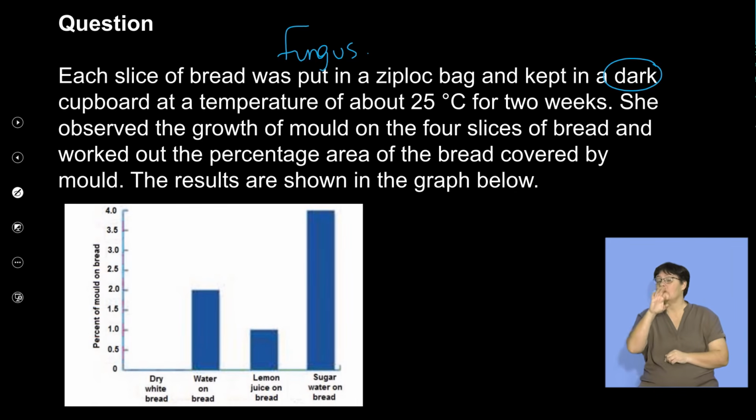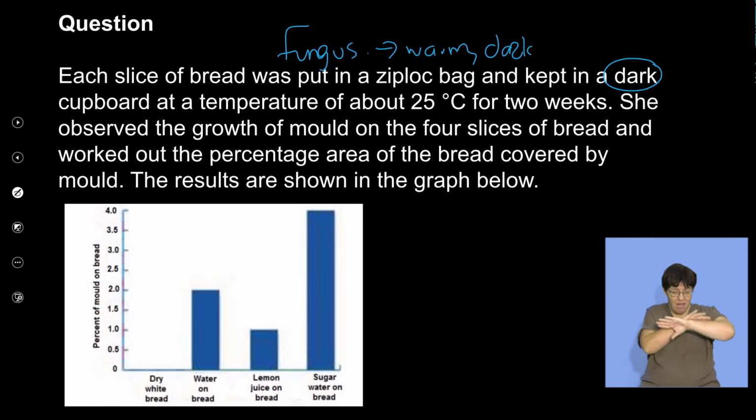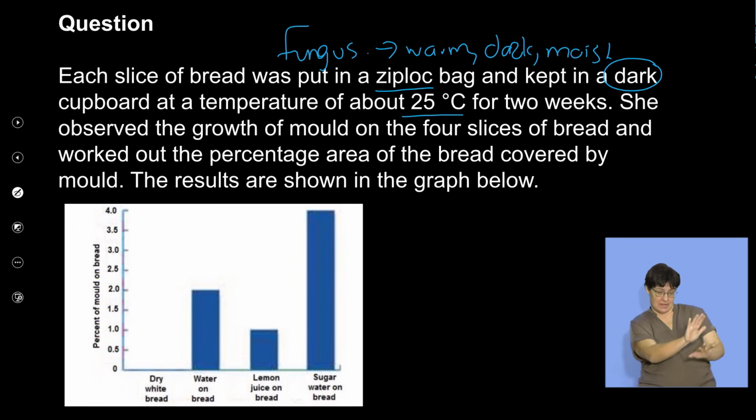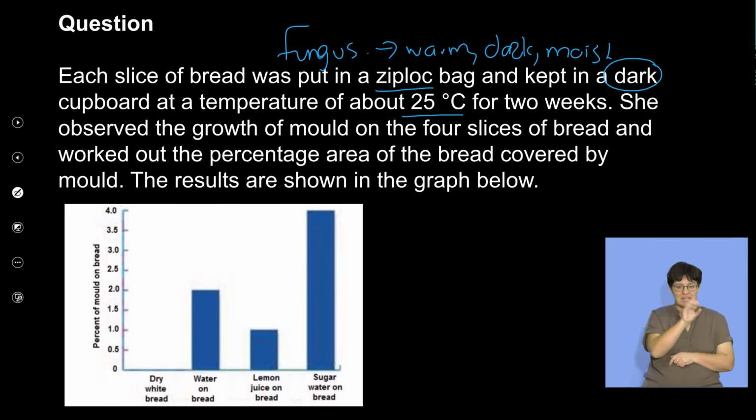What conditions do fungus grow best in? Warm and dark and moist. That's why she put it in the Ziploc bag to keep all the moisture in. And she left it at a temperature of 25 degrees for 2 weeks. She observed the growth of mold on the 4 slices of bread and worked out the percentage area of the bread covered by mold.